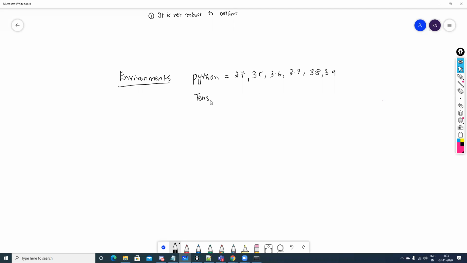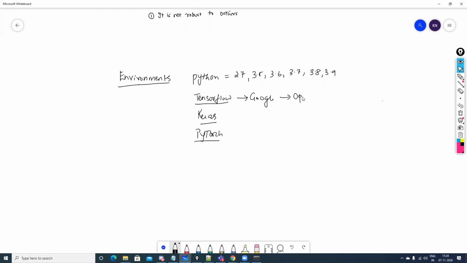Similarly, the most important libraries that we will be using are TensorFlow, Keras, PyTorch. TensorFlow is the oldest library, which was developed by Google Brain. Google came up with this framework and gave it to everyone.